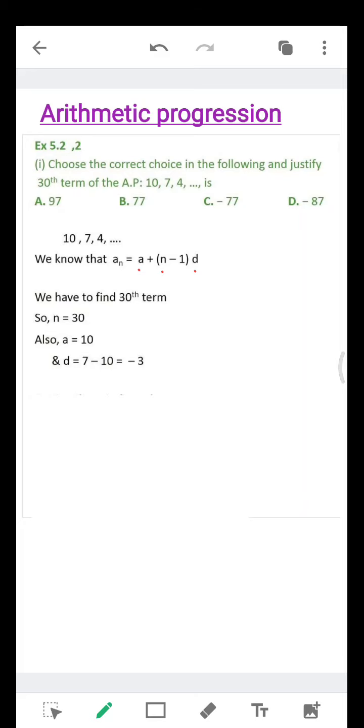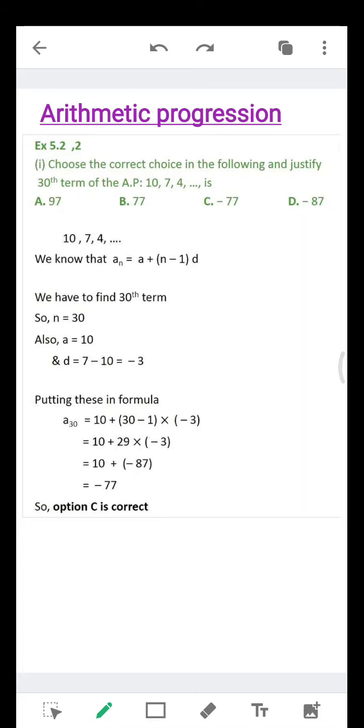Now we'll find the 30th term of this series. We'll put all these values in the formula. a30 equals a plus, a is 10. Our a value is 10, so 10 plus n minus 1. What is the n value? 30 minus 1 into d. d is minus 3.